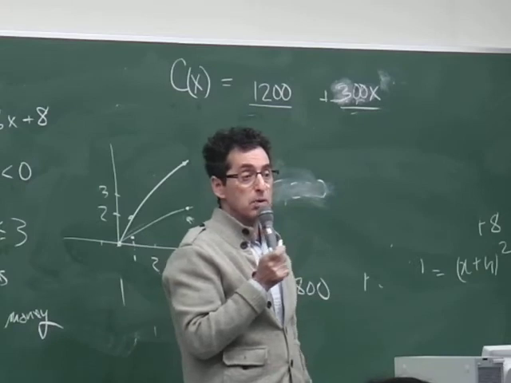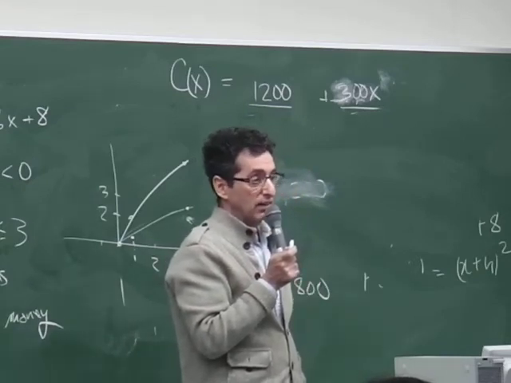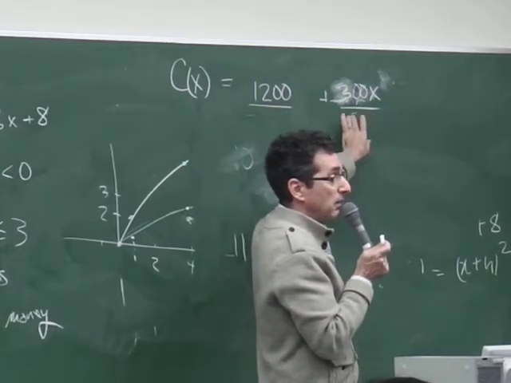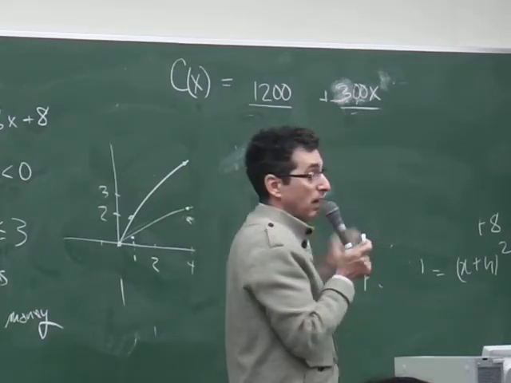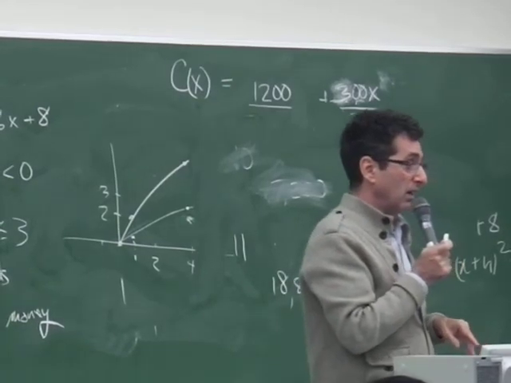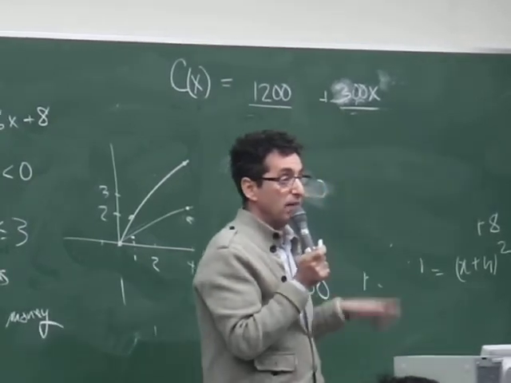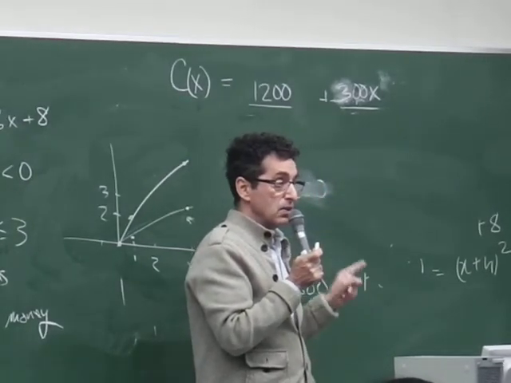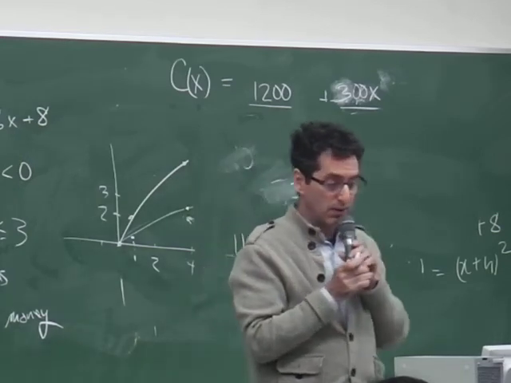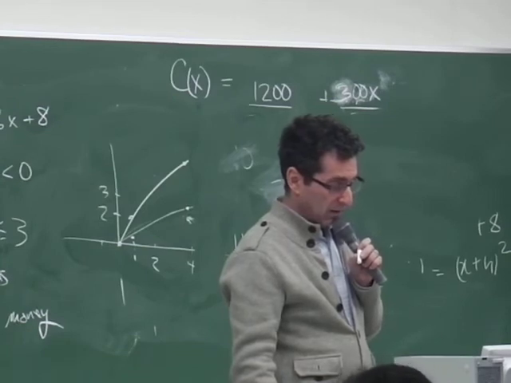But what's the cost of producing 11? Not the 11th. 11. Put in 11 here, you get 33 plus 12, which is 45, so it's 4,500. The cost of producing 11 is 4,500. The cost of producing the 11th is 300. So a different question, right? Same kind of thing here.